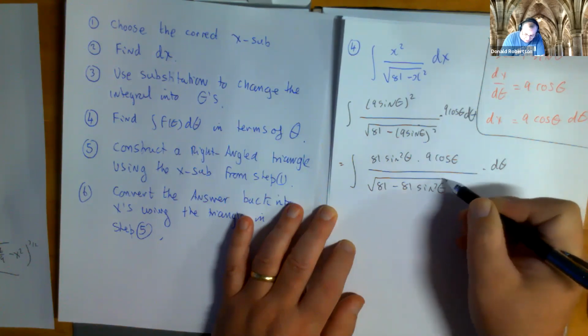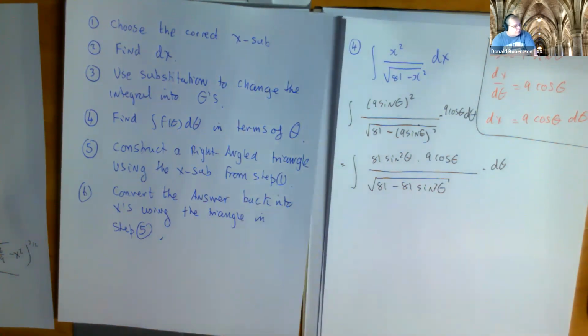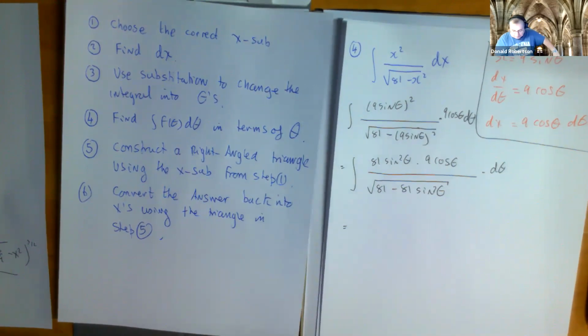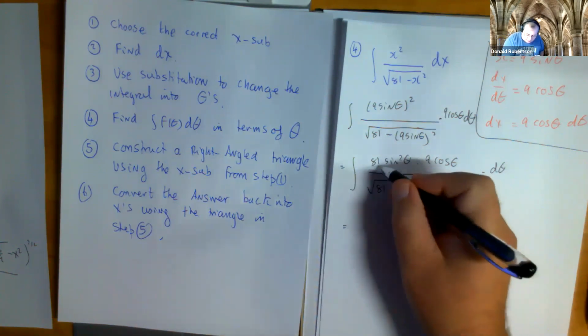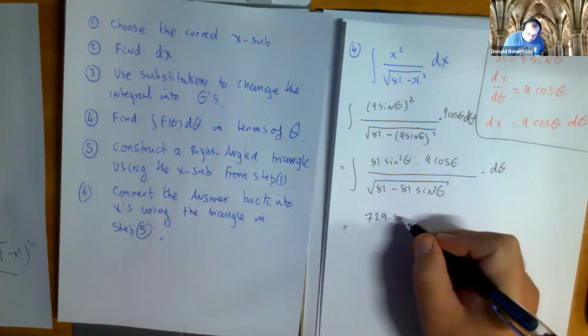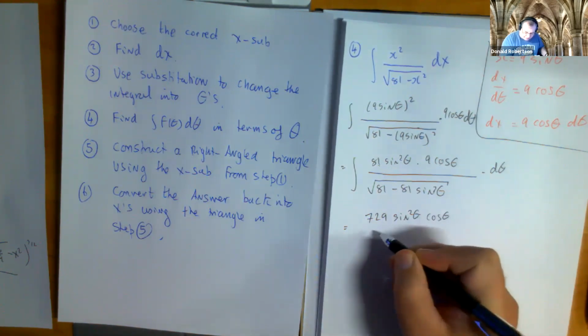If you're going to do this question correctly, won't this ugly square root stop being a square root in a few lines? So let's see what we got. I'm going to have to do another multiplication here. 81 times 9. Okay, so that times that is 729. I have a sine squared theta. I have a cosine theta. That's good.